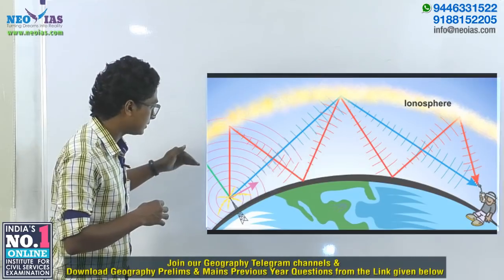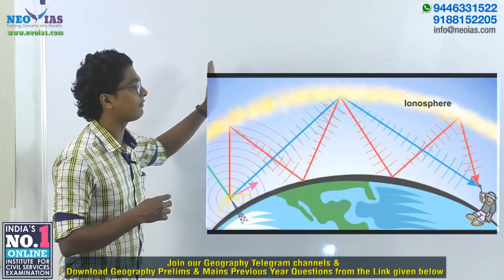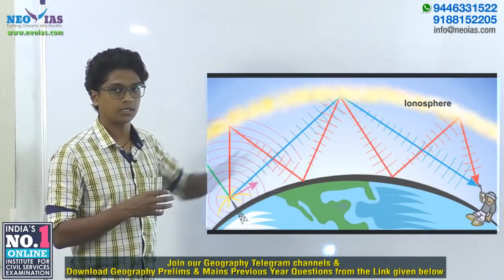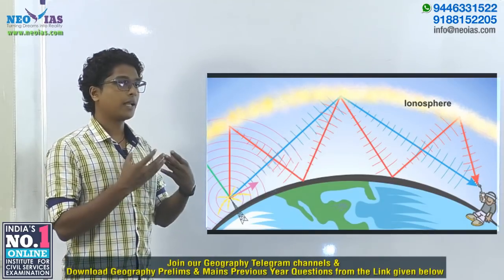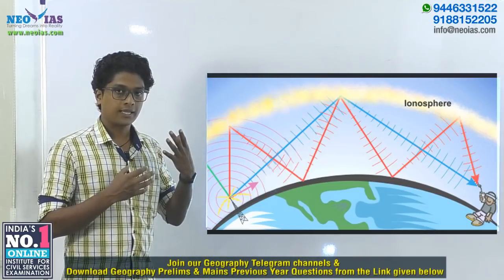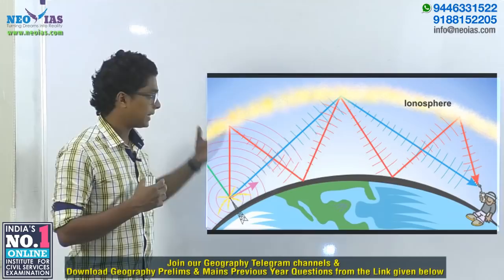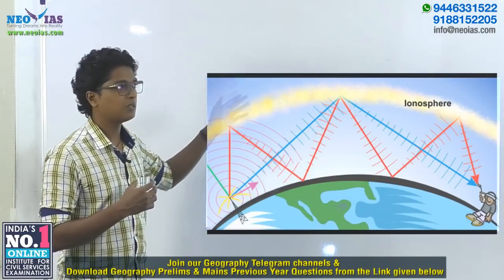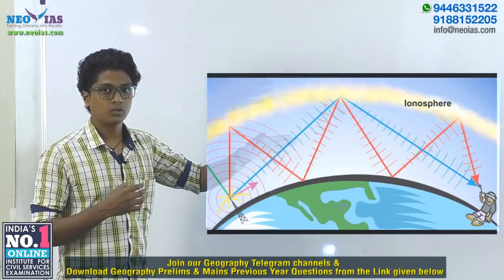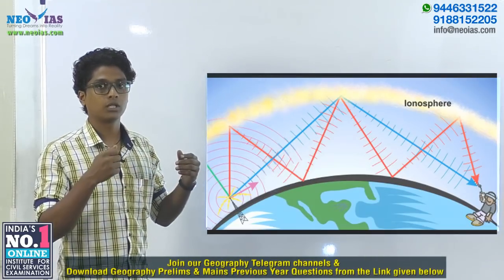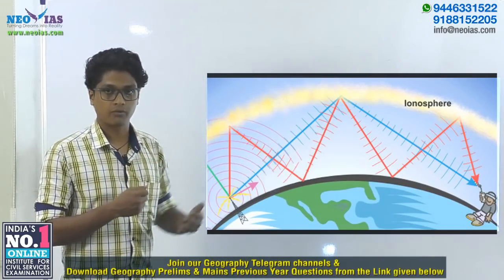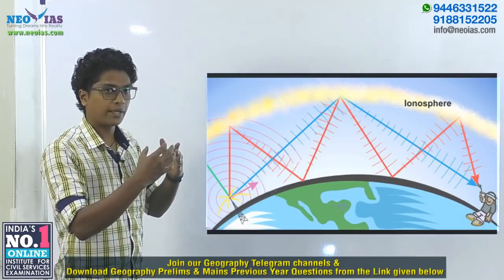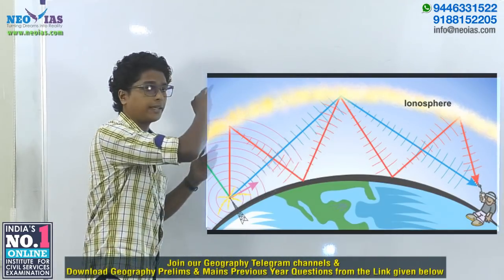So the signals need to go up and be reflected back, then only will they be able to reach other parts. Now if you look at today's smartphones, the signal towers send these signals to the satellites, and via satellites they reach the other towers, and from that we communicate to the mobile phones. So anyway, if you need to communicate, the signals have to go up and come down.